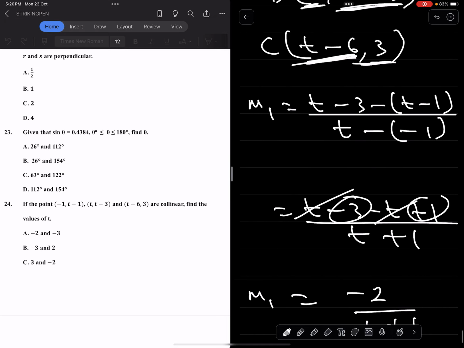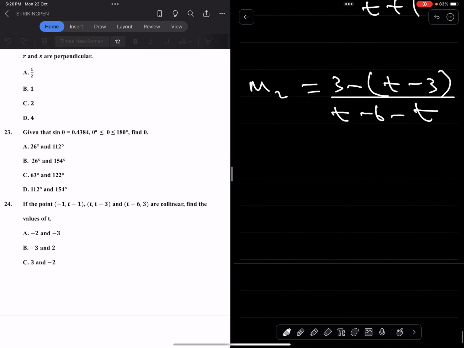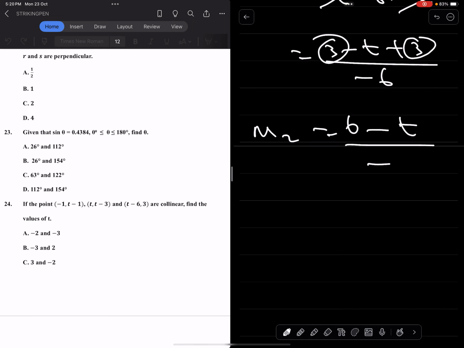You have to be very careful here. x2 minus x1 is t minus 6 minus t, and that's correct. So that simply means 3 minus t plus 3 over t minus t is 0, over minus 6. And that means m2 is equal to 3 plus 3, 6 minus t over minus 6.